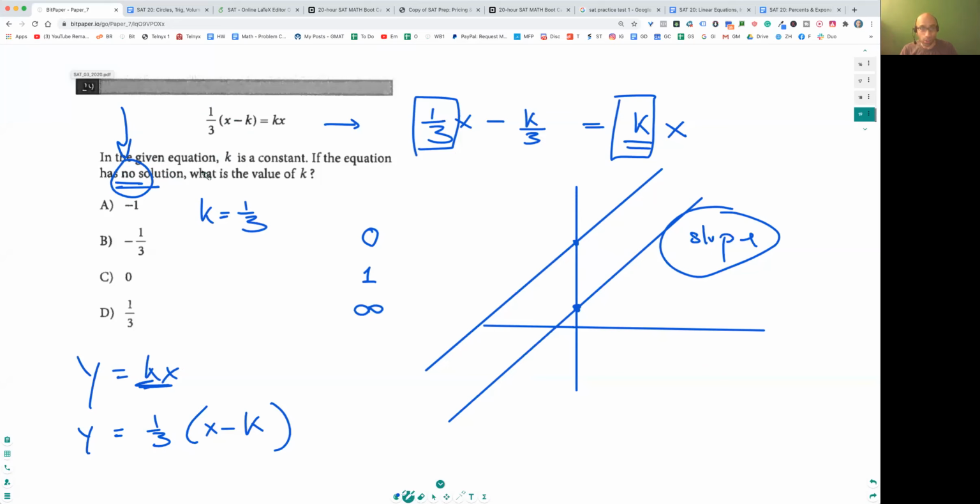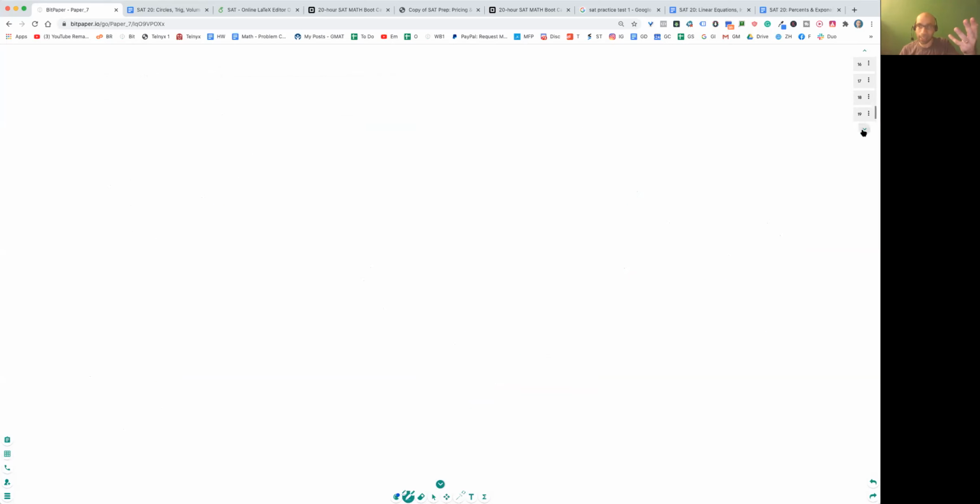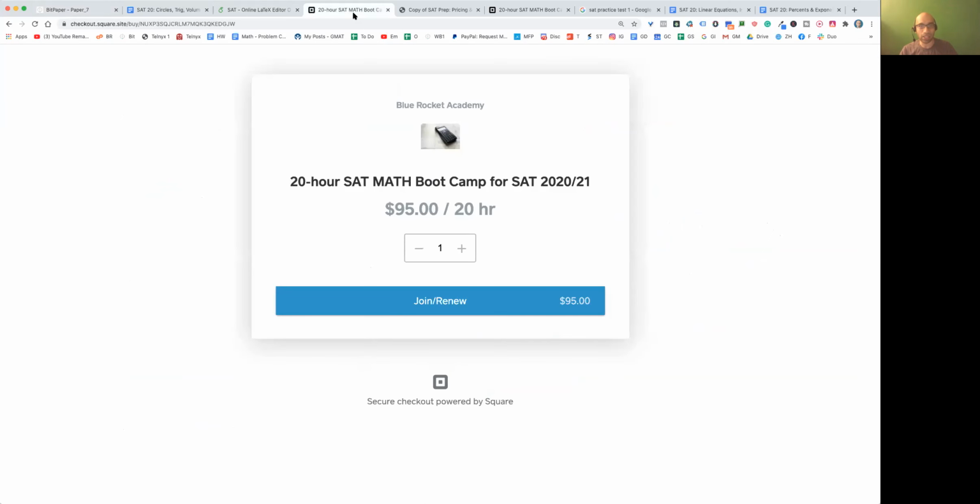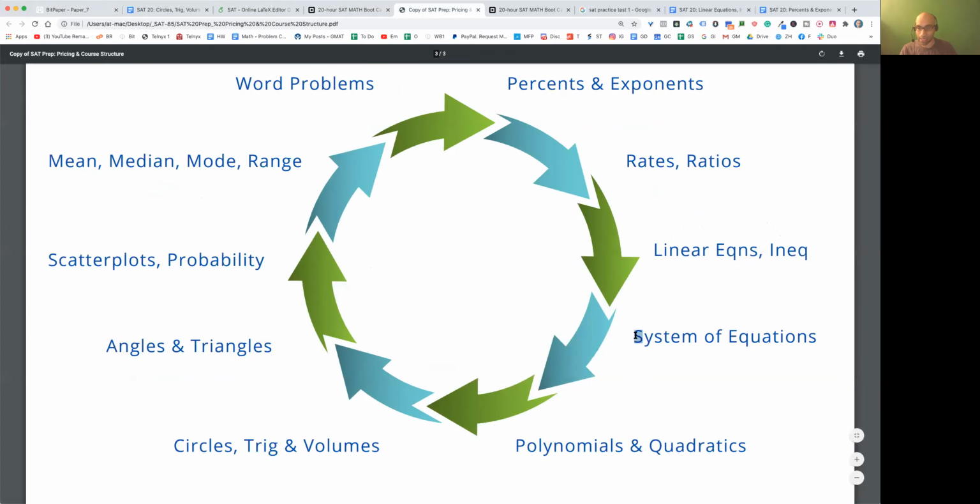Okay. No solution part. Some of you who don't understand this because you've never seen it before, the topic is coming. Probably this is your first or second time attending, so it's going to come very soon. If you don't understand it, it's in the system of equations, because these are systems of equations, right?